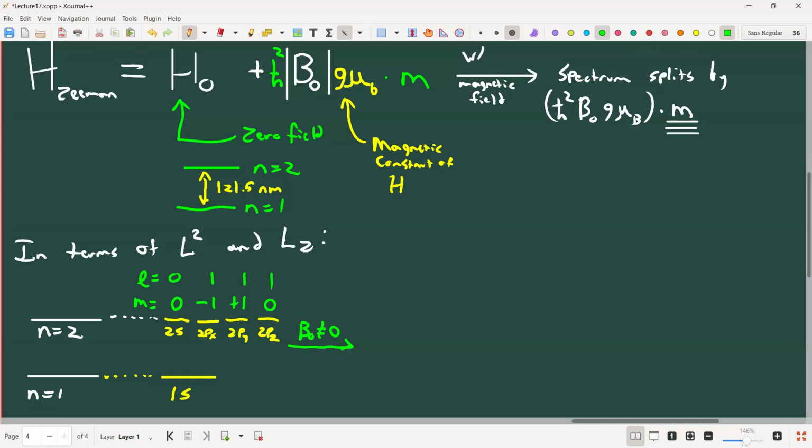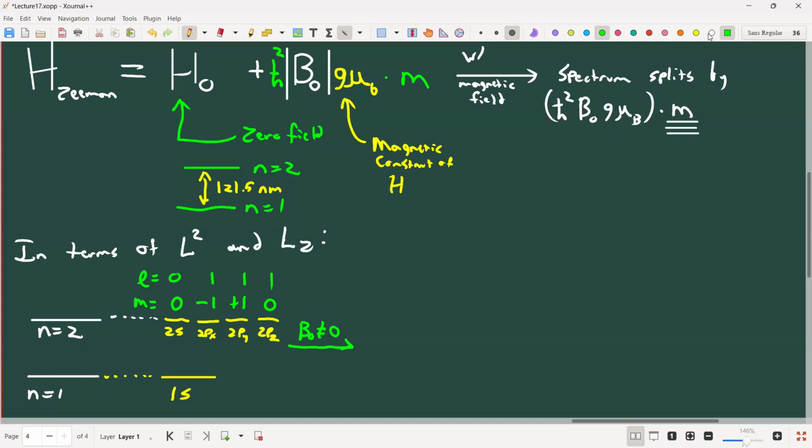What happens is when we turn the field on, the -1 state decreases in energy, because the energy shifts as a function of m. M is -1 here, so its energy decreases linearly with the field. The +1 state does the opposite. It increases in energy with the field. And then the z orbital doesn't change at all, nor does the s orbital, because m is 0 there. It doesn't couple to the field.